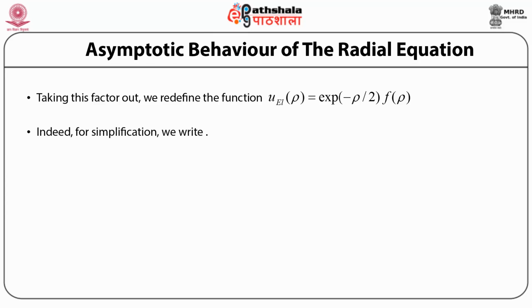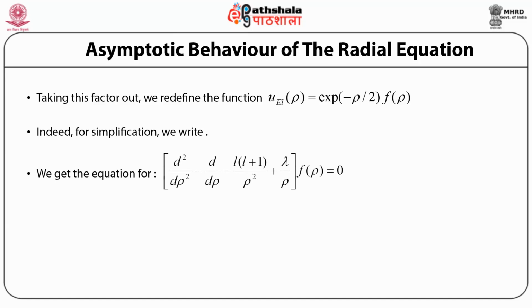Substituting 25.22 in 25.19, we get the equation d square by d rho square minus d by d rho minus L multiplied by L plus 1 by rho square plus lambda by rho, multiplied by f as a function of rho, equal to 0.